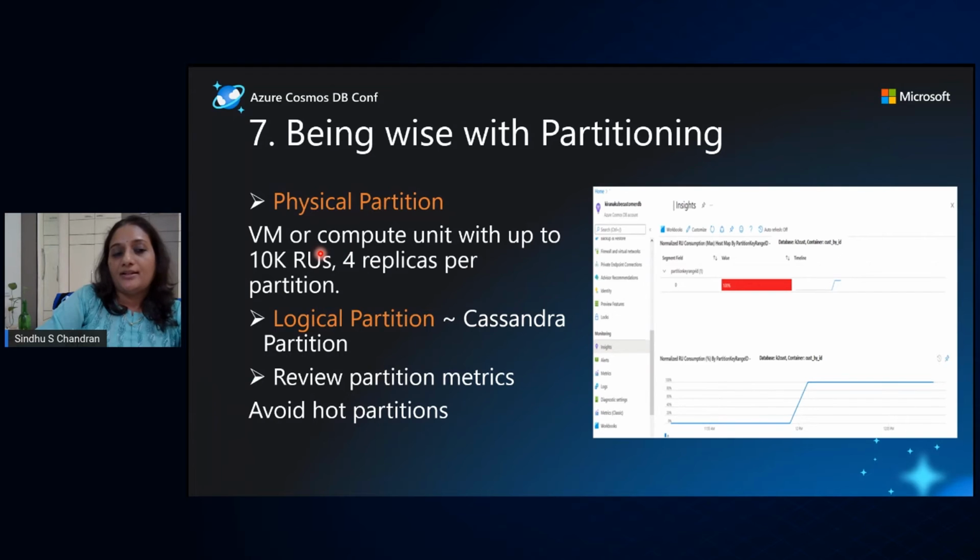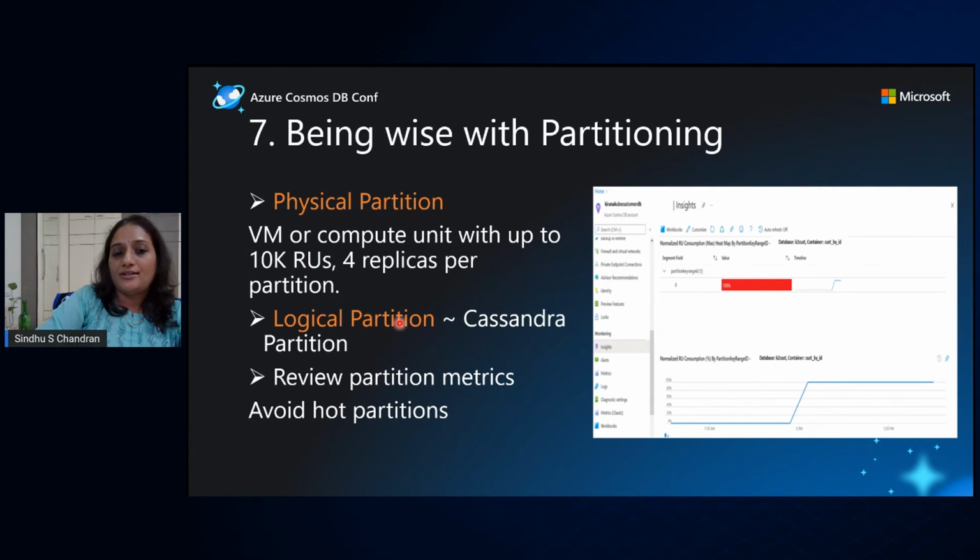Be aware that if you need more than one partition allocated, then you need to set your RUs to more than 10,000. Especially if you are having Flink-like parallel distributed programs where you want to be writing in parallel, or you want to be loading data quickly, you need to provision more than 10,000 RUs if you need to have more than one partition.